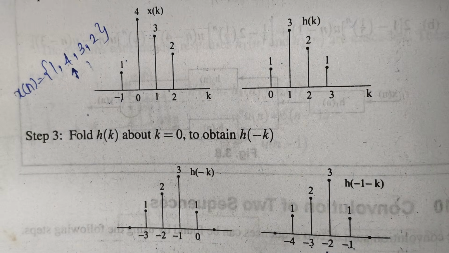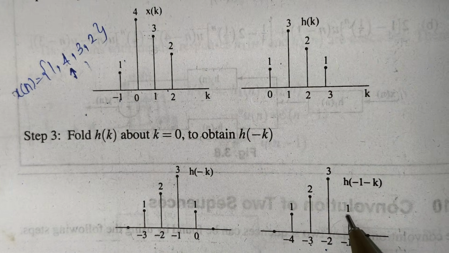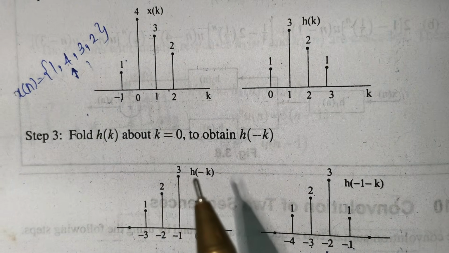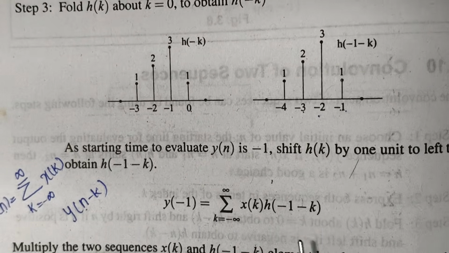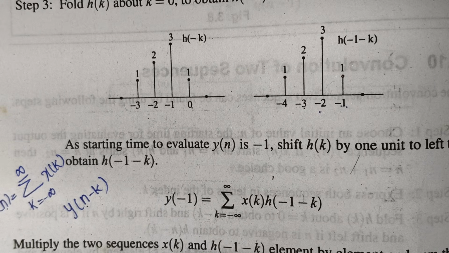So there is an overlap between the graphs. At the point of overlap, I'm going to check the amplitude. The amplitude here is 1 and the amplitude here is 1. So 1 into 1 will be equal to 1. So at y of minus 1, the value of the signal is going to be 1.